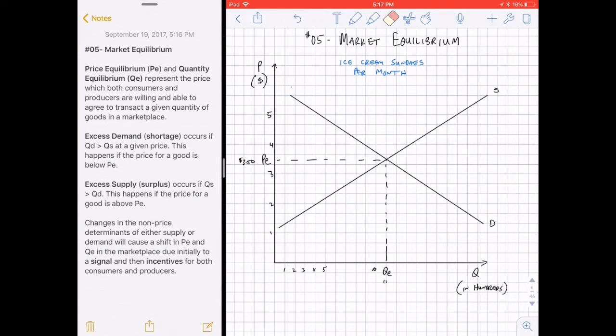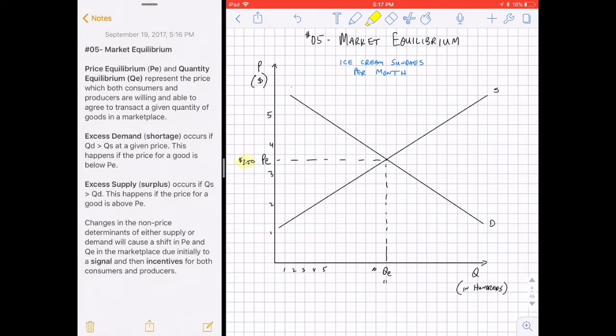In my class, I've done a simulation with students where we look at the individual consumers buying ice cream sundaes and the individual producers selling ice cream sundaes and what a market equilibrium price might be for that good in a certain scenario. In this case, I am using data from my classes where they found that given the variables I had set up, the equilibrium price for an ice cream sundae is somewhere around $3.50.